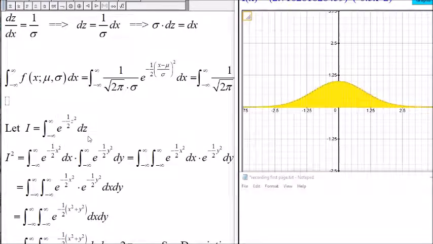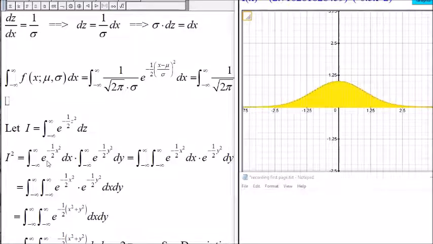This integral is just the area between this graph and the x-axis from negative infinity to positive infinity. So this is negative infinity to positive infinity, and this graph right here, this is e to the negative 1/2 z squared. That's the function.